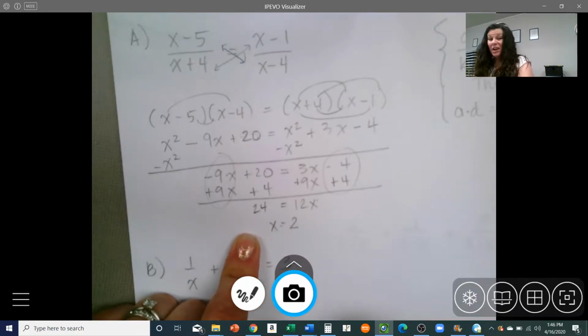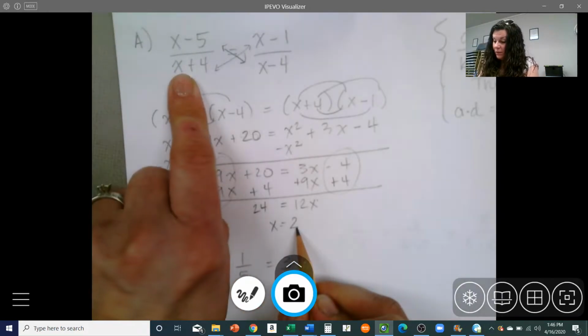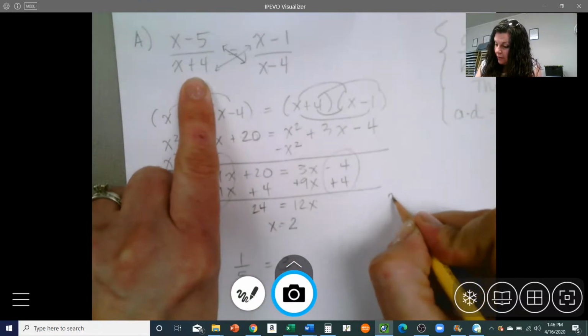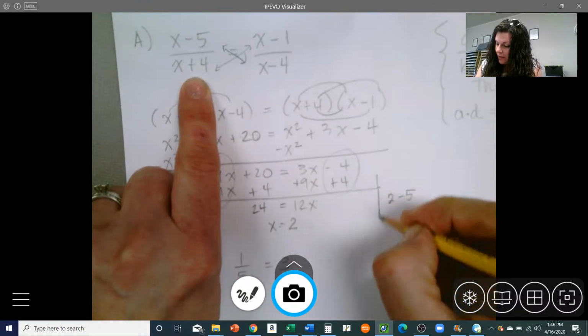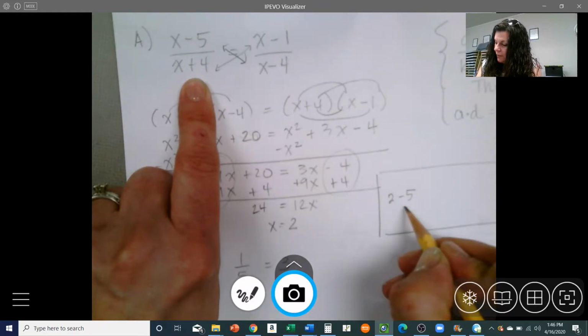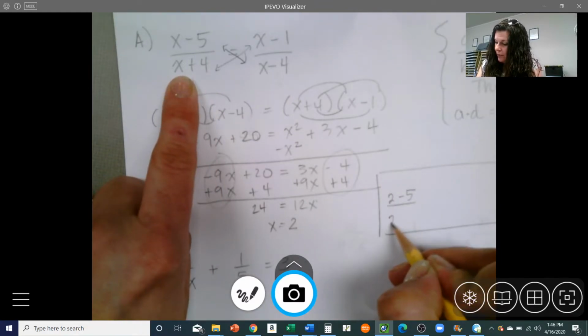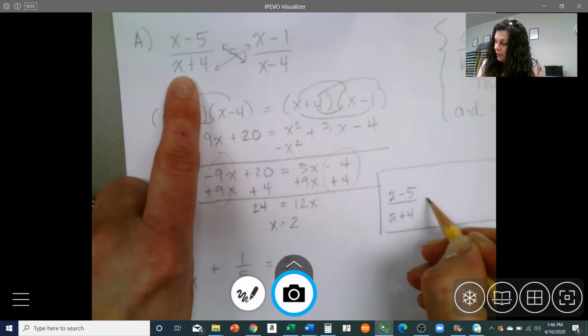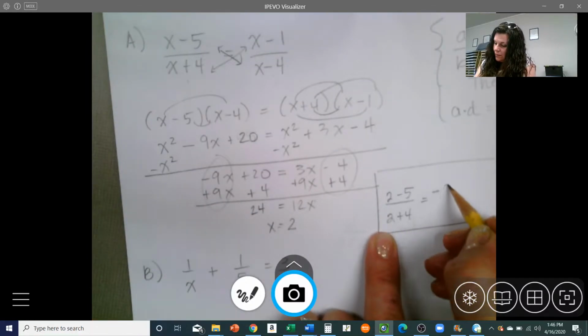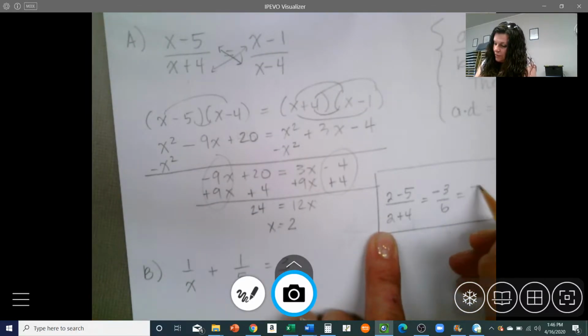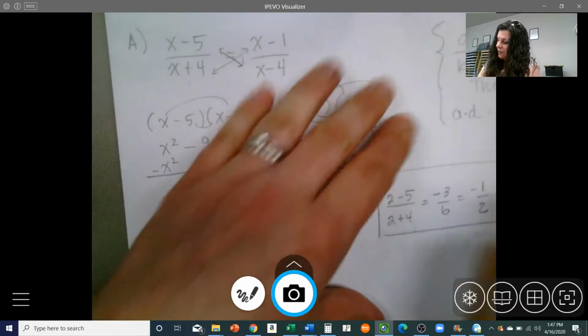So then you want to check and make sure that that works. If I put 2 in up here, 2 minus 5 over 2 plus 4, that's negative 3 over 6, which is negative a half.